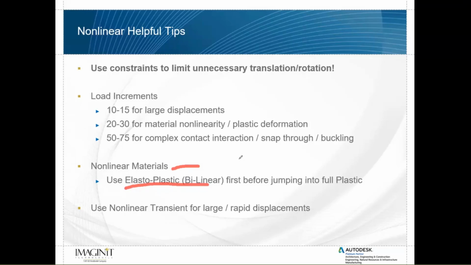That's a good place to start because it gives you a nice representation of which elements will go plastic and generally what displacement you'll see. If you need much higher accuracy, that's where you'll jump into full plastic. But before you do that, start with bilinear and make sure your analysis is running properly and you're seeing deformation where you would expect, before you define a full plastic curve.